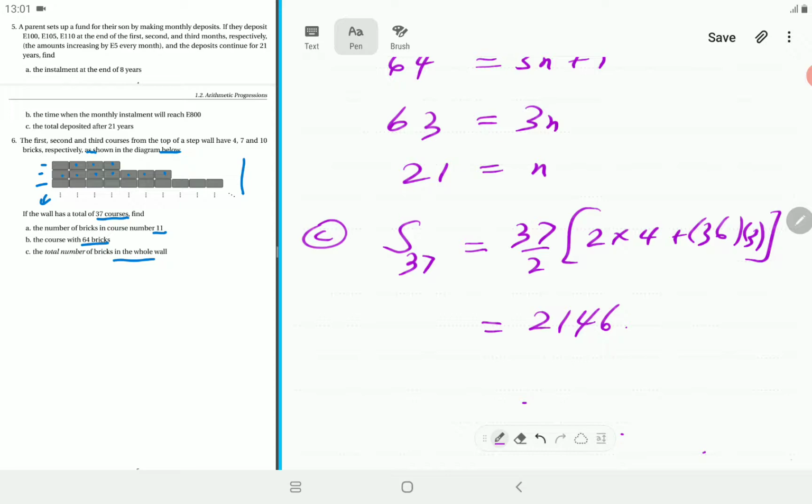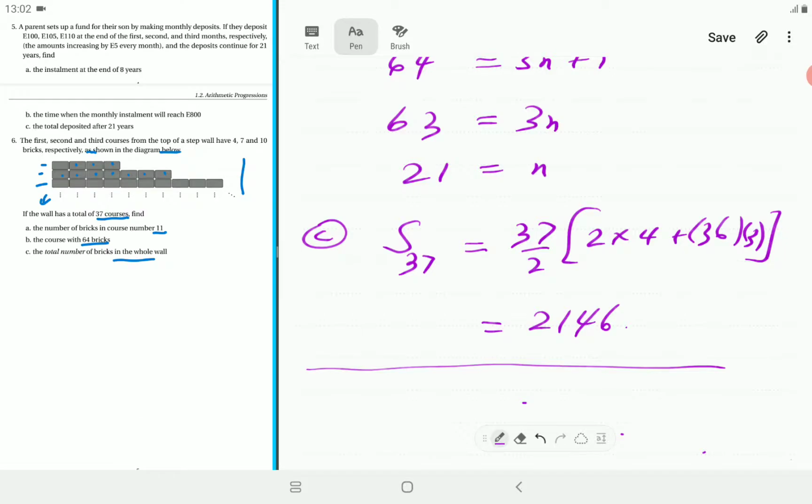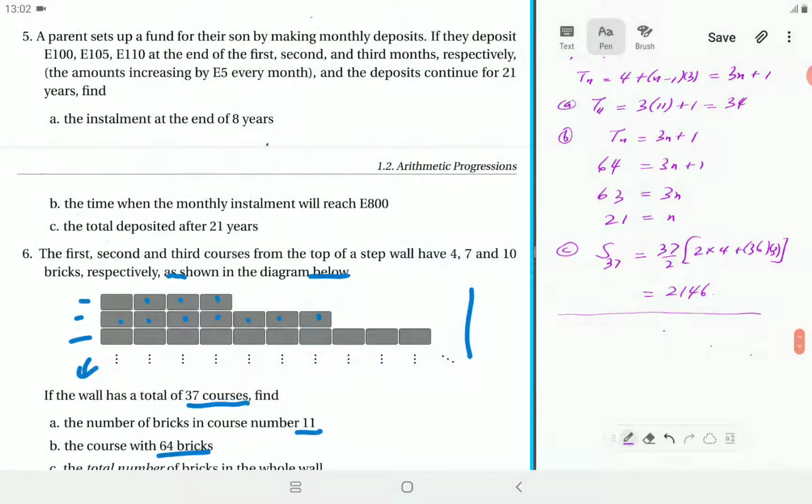Okay, so that's that. So let's just give you a chance now to have a go at these other examples as we mentioned earlier.